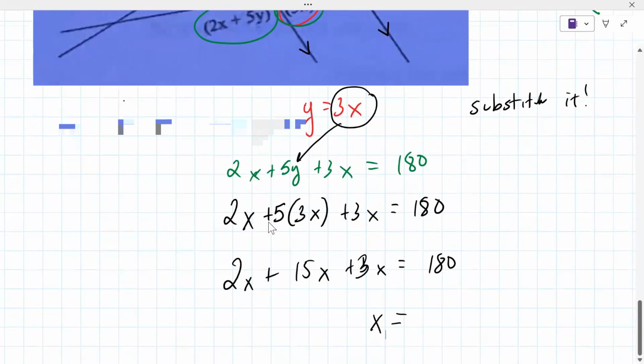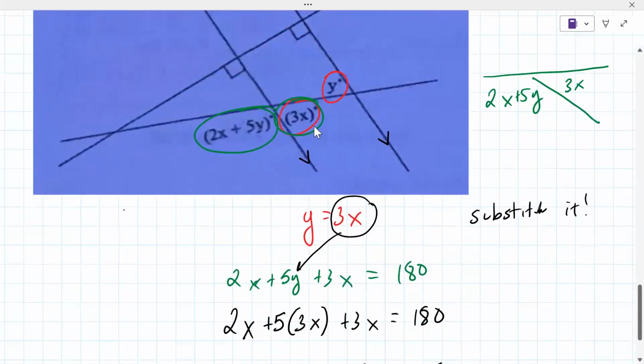Yeah. Okay, so 2x plus 5, 9. Well, I would substitute for this y. Y is 3x.